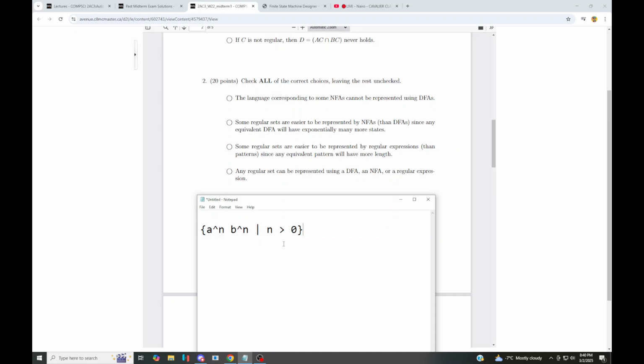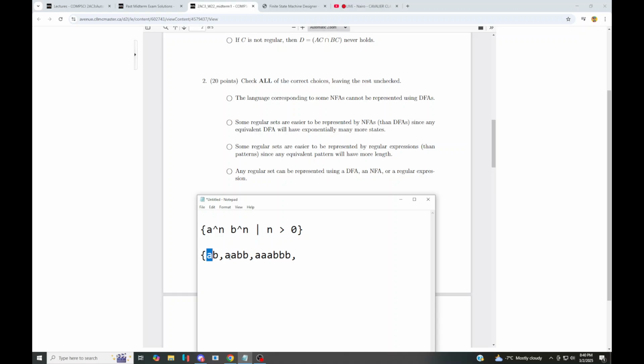This set would look like AB, AABB, AAABBB. For every number of A's, you have to have the same number of B's following it. In a set like this, it's impossible to represent it with a regular expression. This cannot be a regular set because of memory.